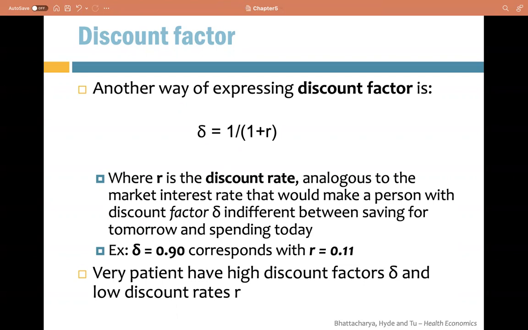For example, if a person's discount factor is 0.9, then this person's discount rate is about 0.11. The conversion equation is here on the slides. So a very patient person should have a very high delta, but a very low discount rate, r.